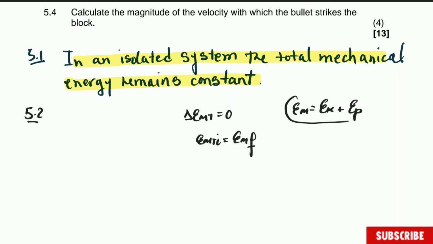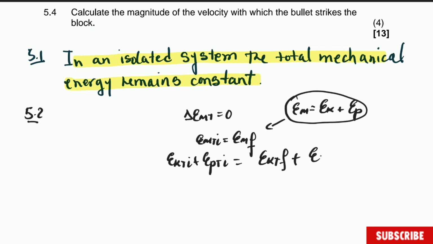So we are going to substitute this in there. Initially we have the total kinetic energy initial plus the total potential energy initial, and this is equal to total kinetic energy final plus total potential energy final. This is what we have here.